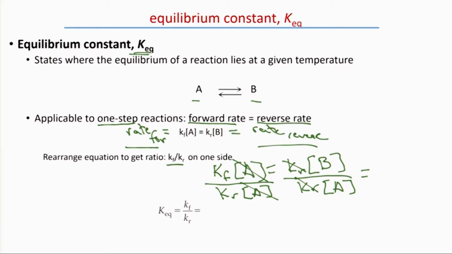And so now we have KF over KR equals the concentration of B divided by the concentration of A.